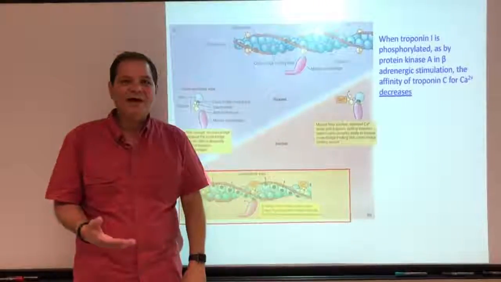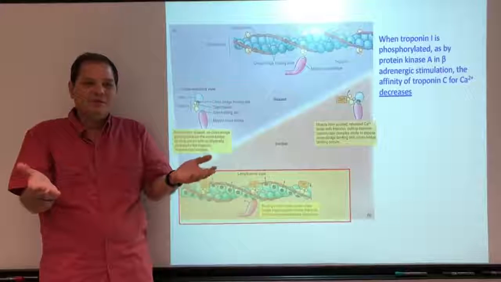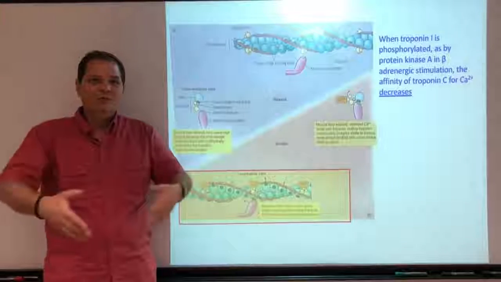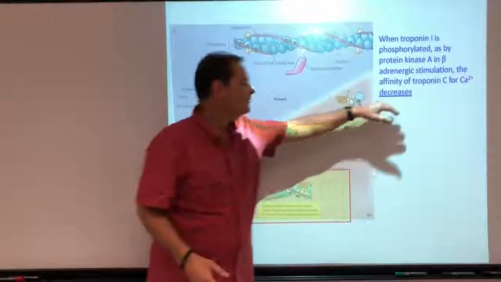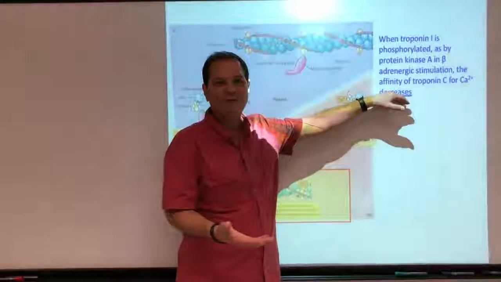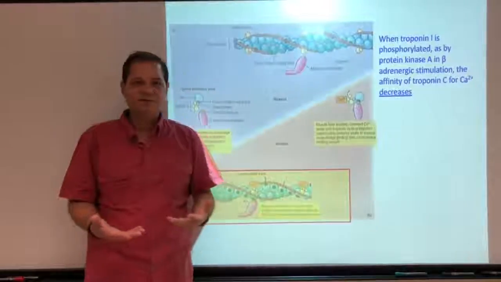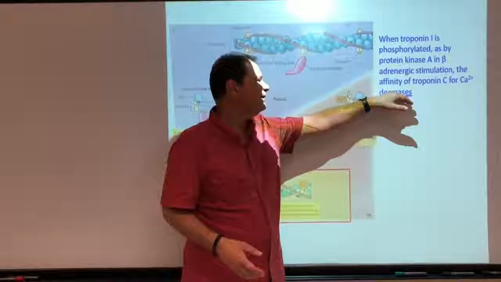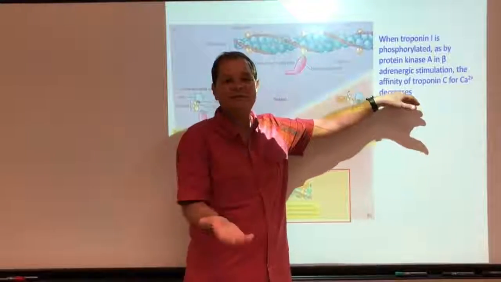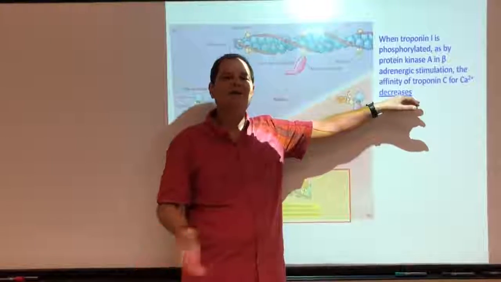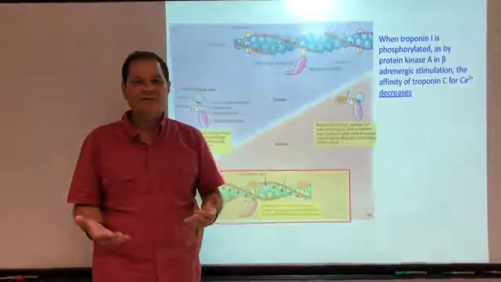Well, it turns out that you get so much more calcium increase in the cytosol when you have an increase in sympathetic activity that, despite the decrease in affinity of troponin C for calcium, you still get a big increase in force of contraction. In other words, yes, there is a decrease in the affinity of troponin C for calcium, but the increase in calcium in the cytosol is so big that it doesn't matter, and it overwhelms this decrease, and you still get an increase in force of contraction.